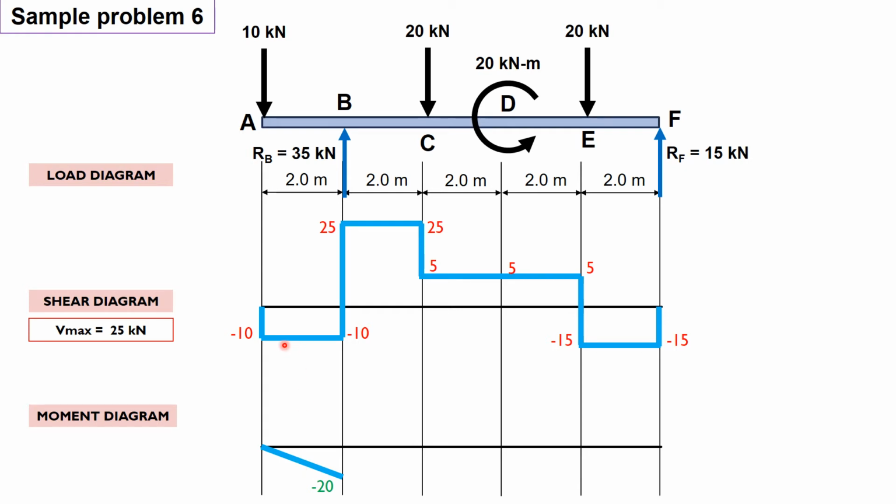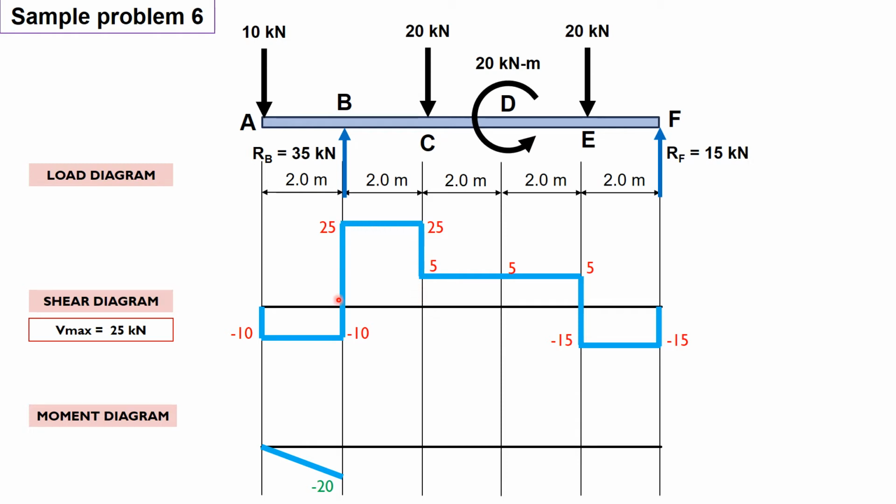So, 0 degree ang line. Pagdating dito, 1 degree ang line, or it is a straight line. So, you have negative 20 kilonewton meter. Then, if you need to compute for the moment at C, from negative 20, tingnan mo kung ano ang area ng shear diagram between B and C. So, in this case, you have a positive area.